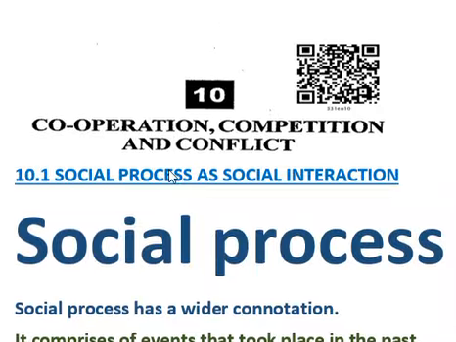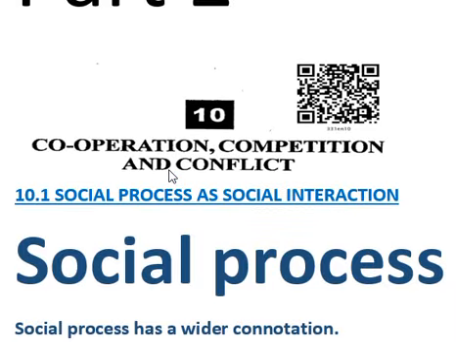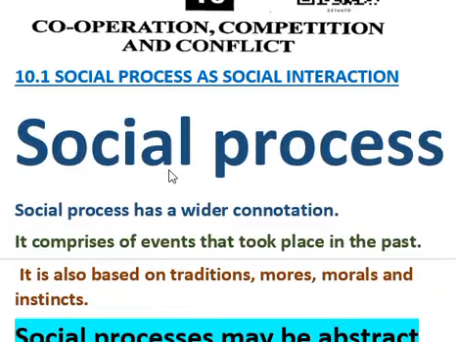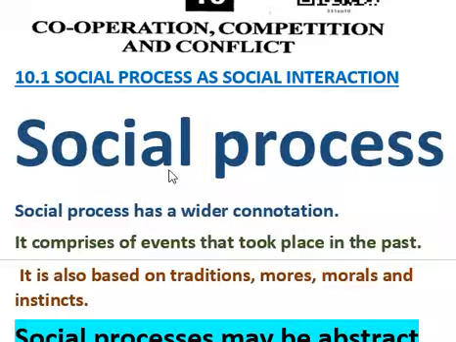Cooperation, competition, and conflict are parts of social interactions, or major forms of social interactions. These social interactions may take place between the individuals or members in a social group.